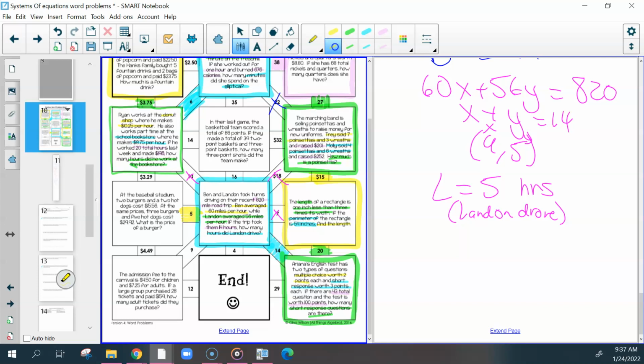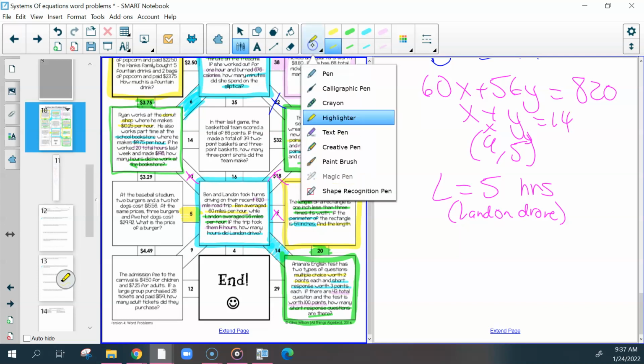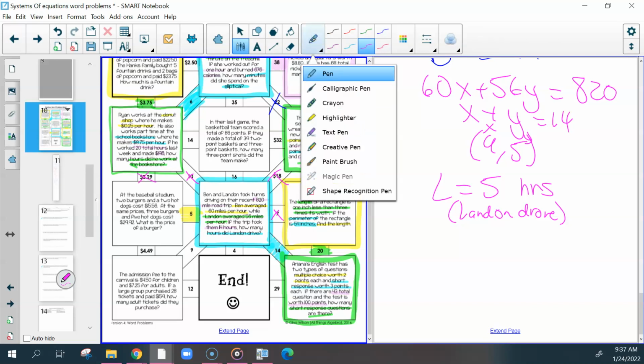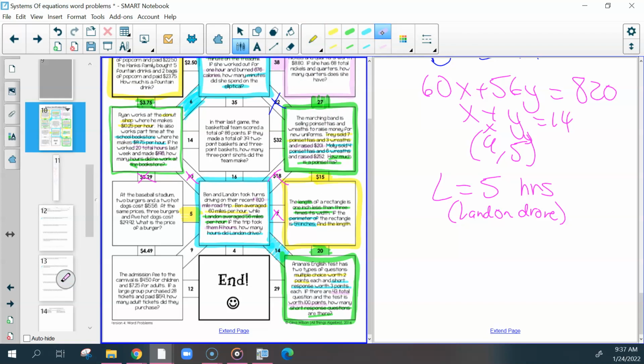This one we don't need to solve because there's only really one answer we could do. Right, so our final answer would be 12.